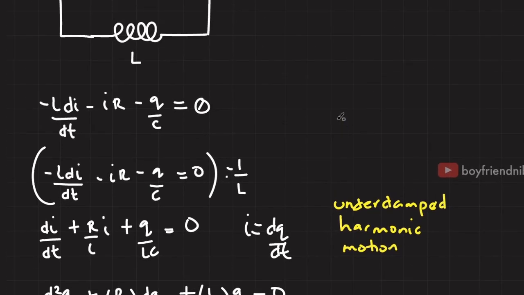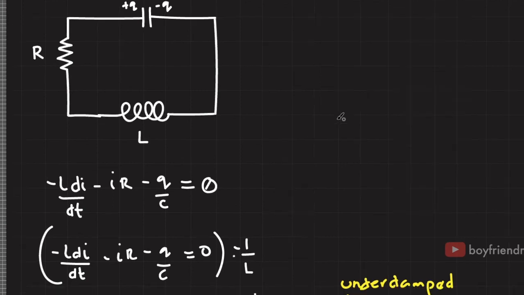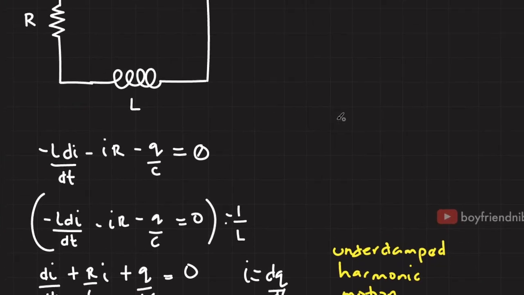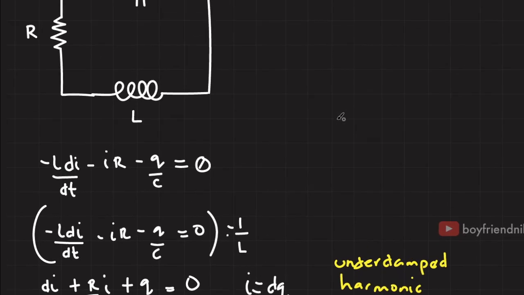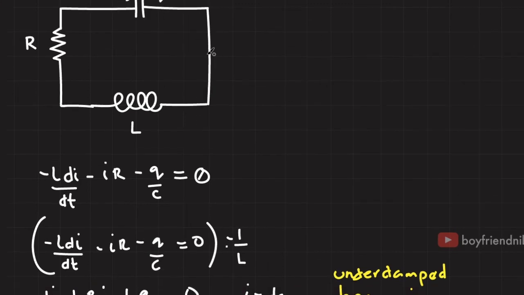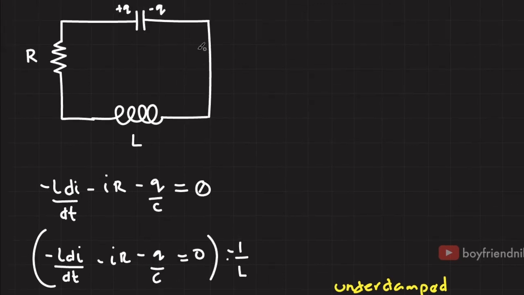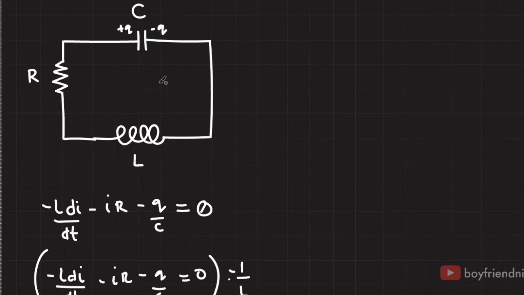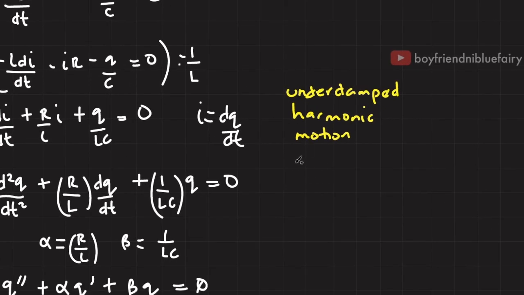That's why harmonic motion usually has the form of an exponential function or a trigonometric function like sine or cosine, because there is periodicity in the motion. Remember from the earlier discussion that an LC circuit generates an oscillatory motion. So when you have underdamped harmonic motion, the value of R results in a gradual damping of oscillation.